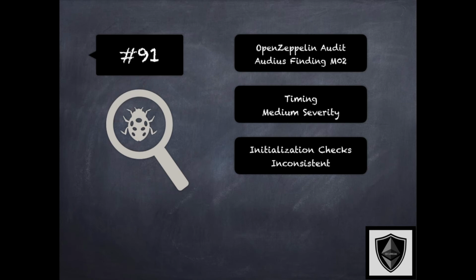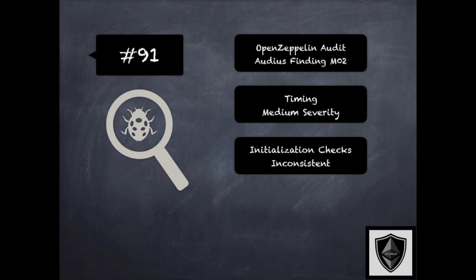However, this check was not used consistently. So for example, it was used in the getVotingQuorum function of the governance contract, but not used in the getRegistryAddress function of the same contract. This could be misleading and cause uninitialized contracts to be called.